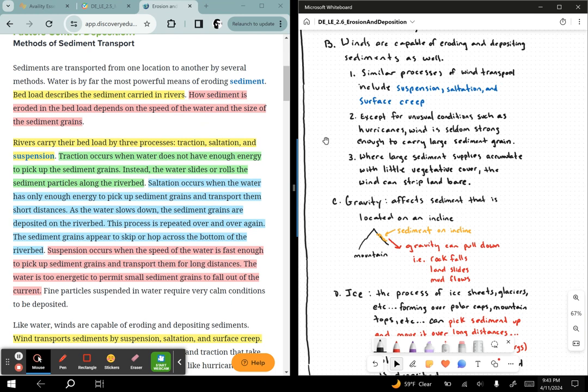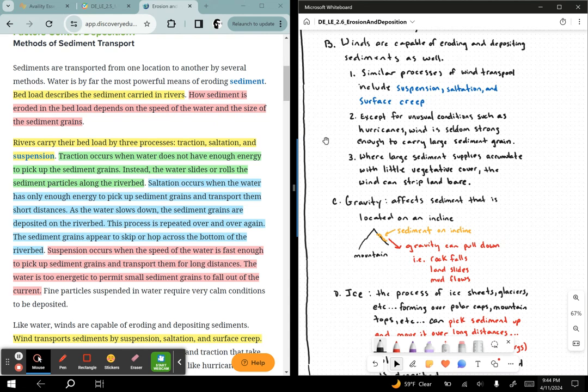You can have things be suspended. You can have things that just skip along, right? If you have some heavier material, maybe the wind is able to blow it a short distance, and then it doesn't have enough energy to keep blowing it, so it gets deposited, and then maybe another strong gust of wind carries it a little bit further. So you can have saltation.